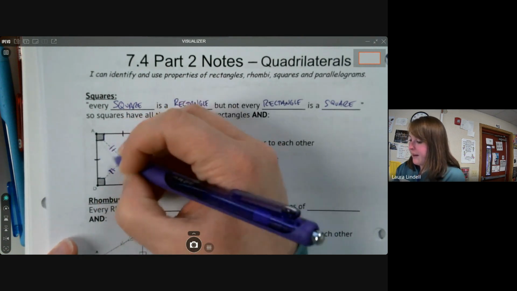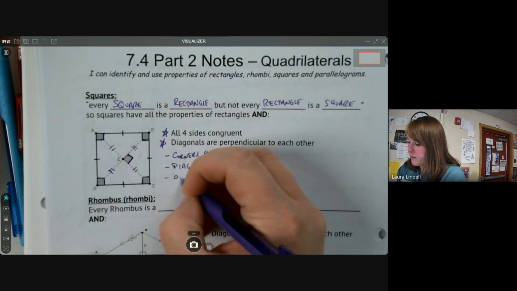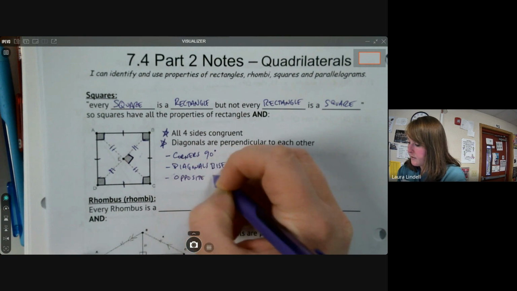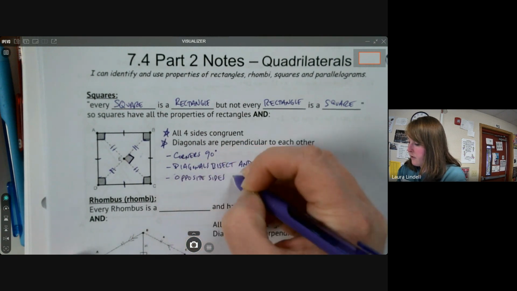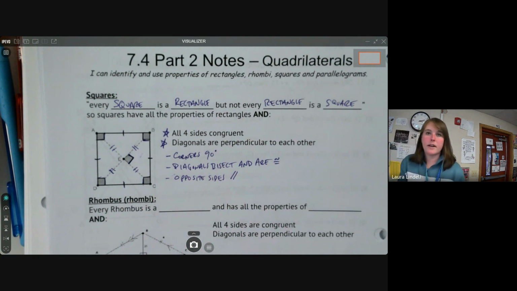So all four of these lengths are the same. And then we can also say that the opposite sides are parallel, just like on parallelograms and on rectangles. So there's one set of properties.